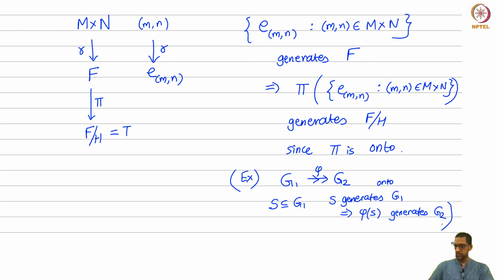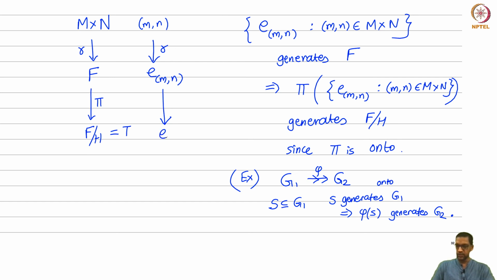Okay, so just a straightforward exercise using the definition of what it means to generate. So when I have an onto map and I have a collection of generators for the domain group, then their images will generate the image.